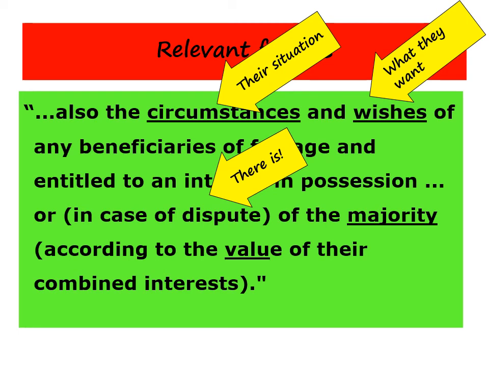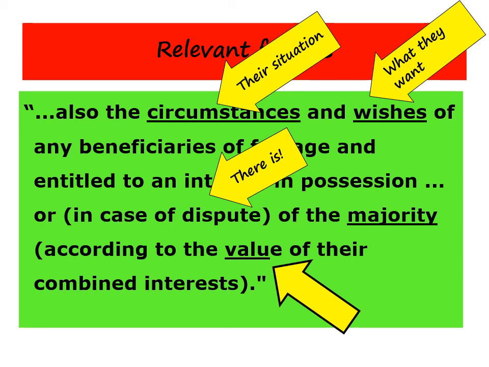And when working out who is in the majority, you look at the value of their combined shares. So you don't look at the majority in terms of the number of joint tenants in equity, you look at the majority in terms of the value of their shares added together.